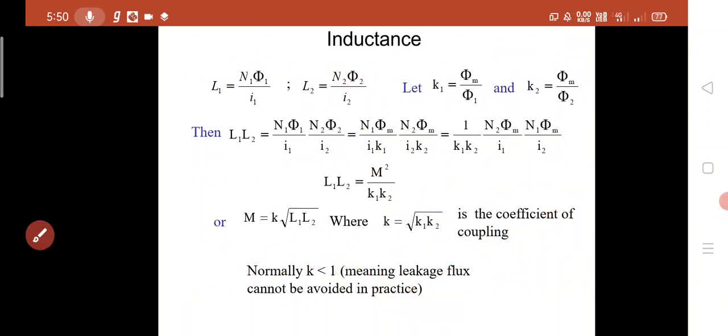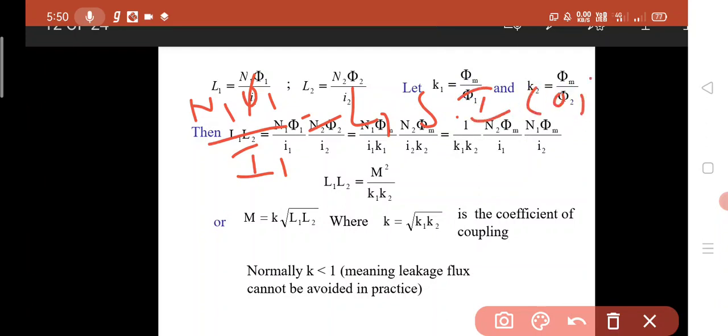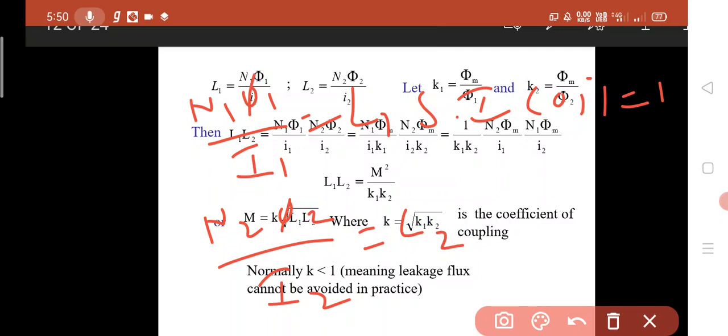We know that N1 phi 1 by I1 is equal to L1, the self-inductance of coil 1, and N2 phi 2 by I2 is equal to L2, the self-inductance of coil 2.